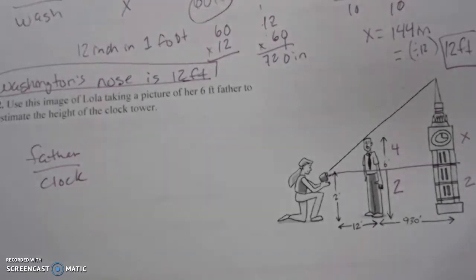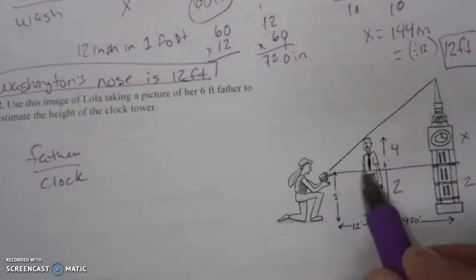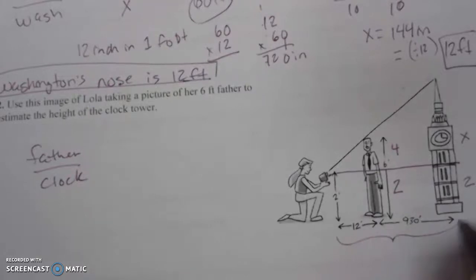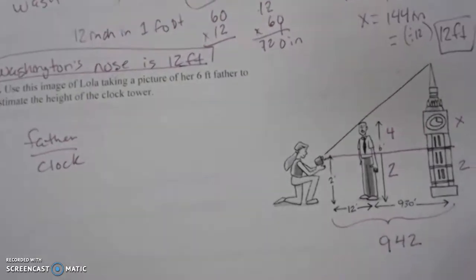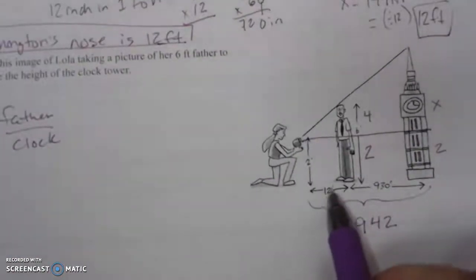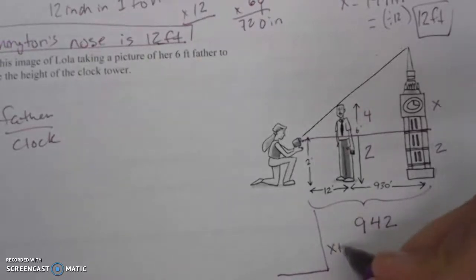Let's compare this. For this triangle right here, this distance is 942 feet. How did I get 942? I added 12 plus 930. So this triangle is going to be 942, and then this height right here is x plus 2.